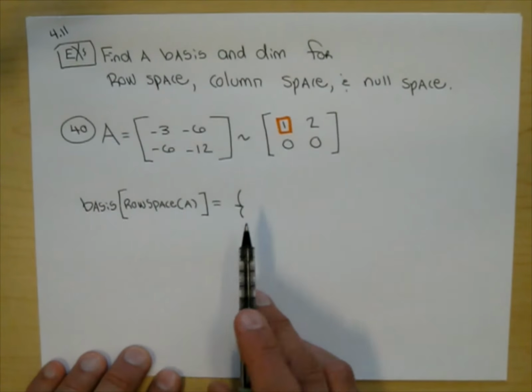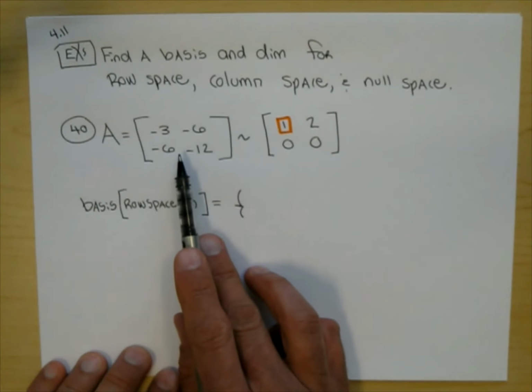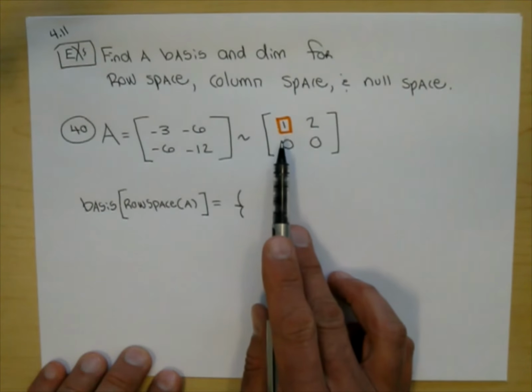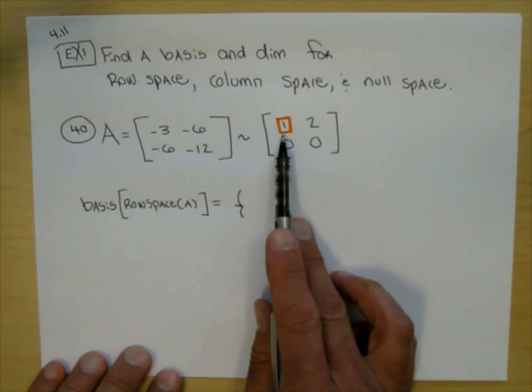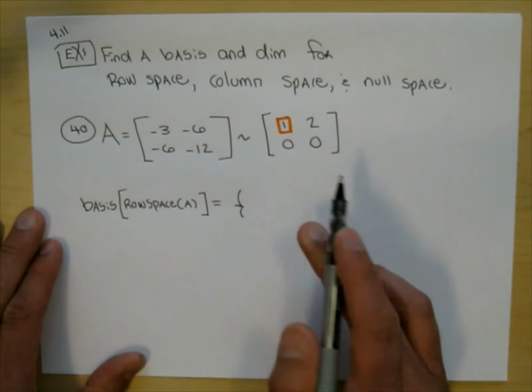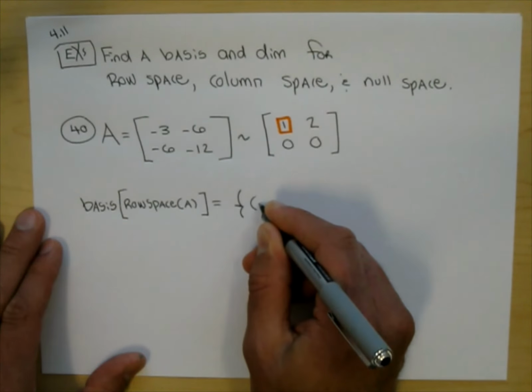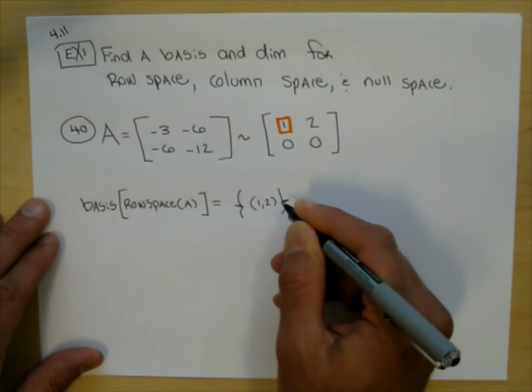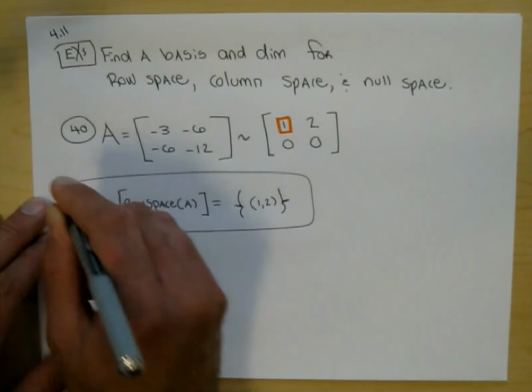Well, to find a basis of that, what you would do is reduce your matrix to row echelon form. And then the basis would be all the non-zero rows. So how many non-zero rows do I have here? Just one. It's going to be that top row, which is 1, 2. And so that's the answer to the first part.